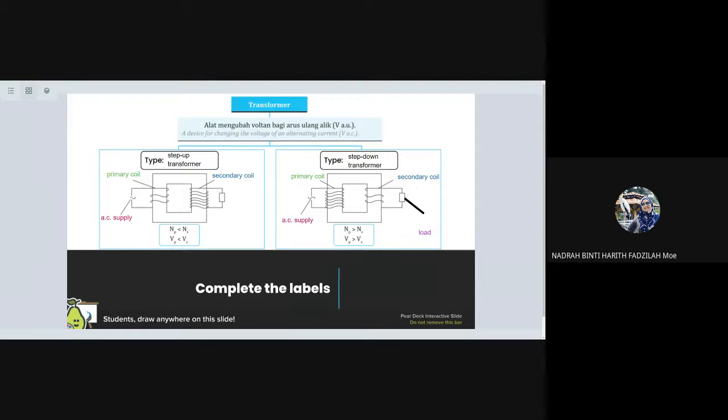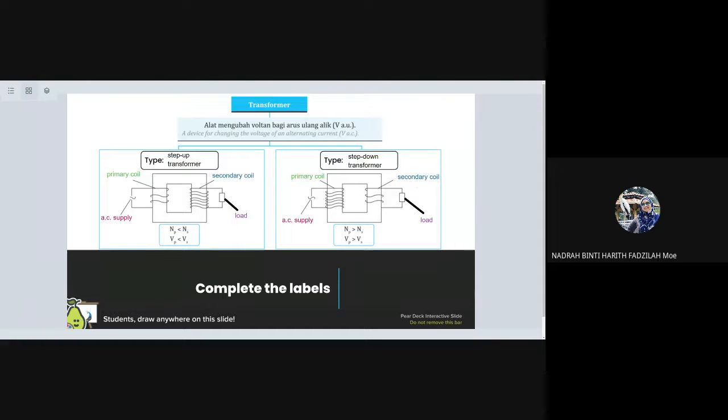So kalau kita tengok step up transformer, kenapa dia step up? Sebab the number of coil in secondary coil is larger than the number of coil in the primary coil. Oleh sebab itu, the voltage at the secondary coil is higher compared to the voltage at the primary coil.